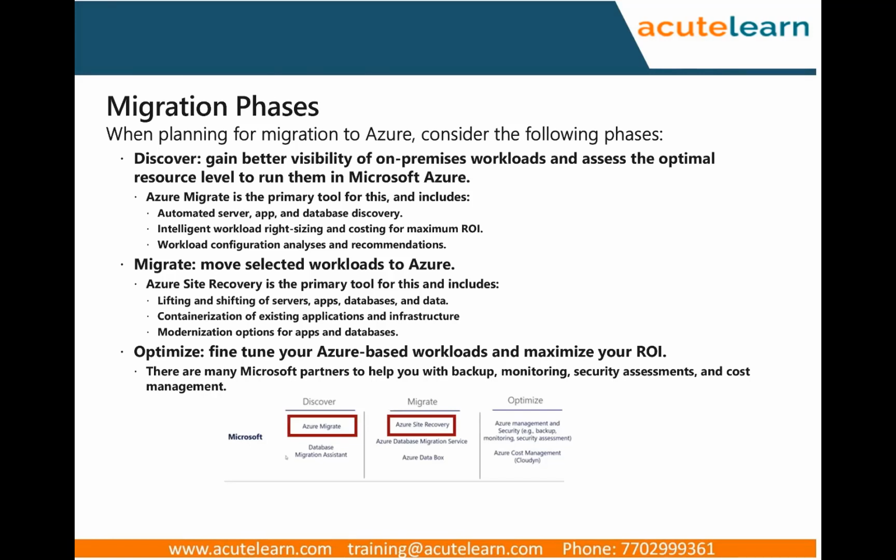So let me optimize the cost by reducing the processors in the cloud from 4 to 2. That optimization is a continuous cycle, which we do in terms of backups, monitoring, security, and cost management. We keep optimizing them.